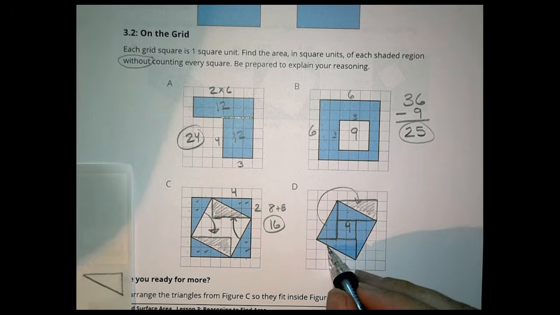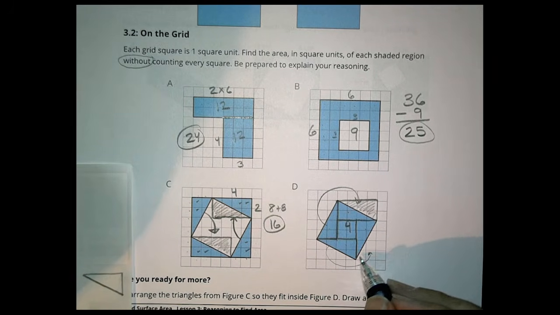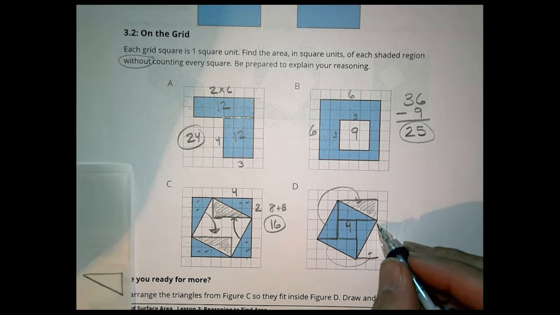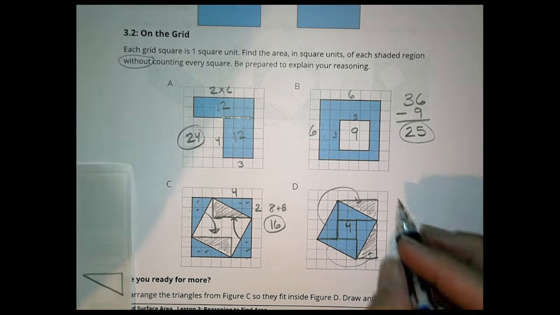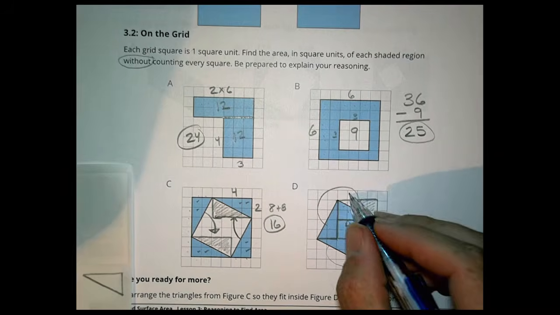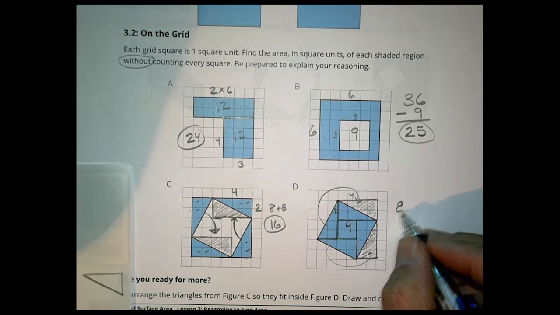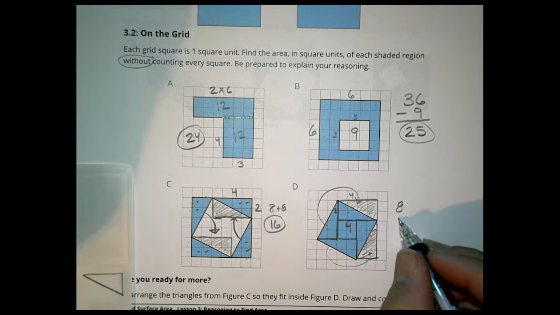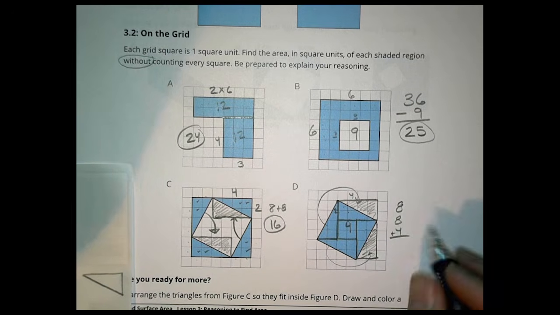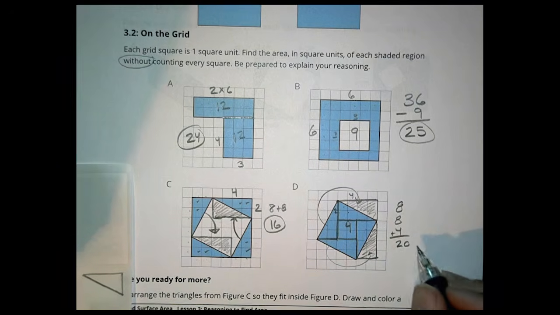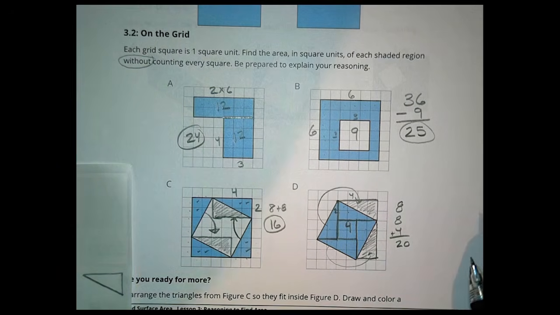And then let's flip this guy all the way over here and make a 4 by 2 right there. So now I have a 4 by 2, which is 8. I have a 4 by 2 here, which is 8, and I have the 4 in the middle. So 8 plus 8 is 16, plus 4 is 20. So I have an area of 20. That's one way of solving this problem there.